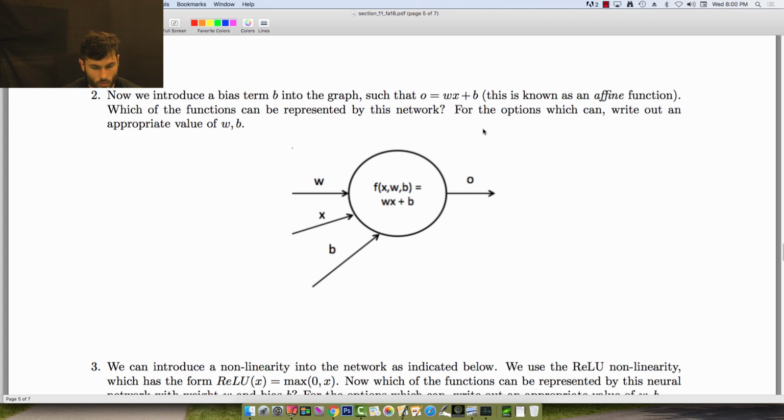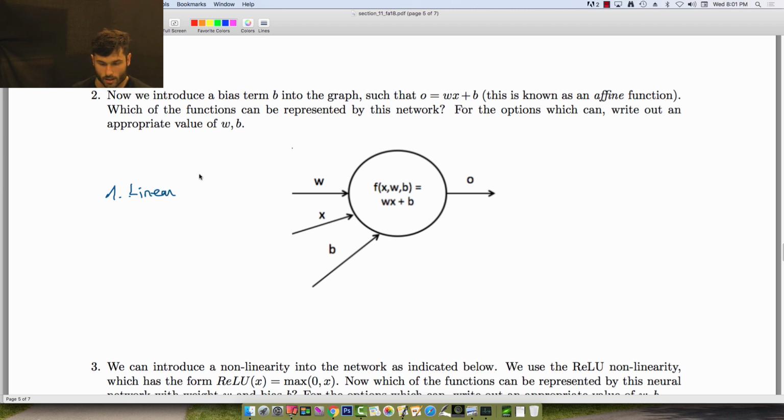In this second question, we are asked what graphs can be represented by a neural network that has a linear transformation, but in this case we have a bias. So this just needs to satisfy one relation, that the function has to be linear.